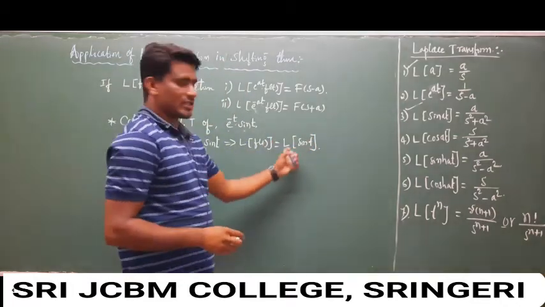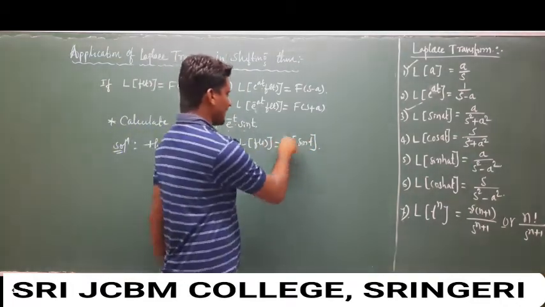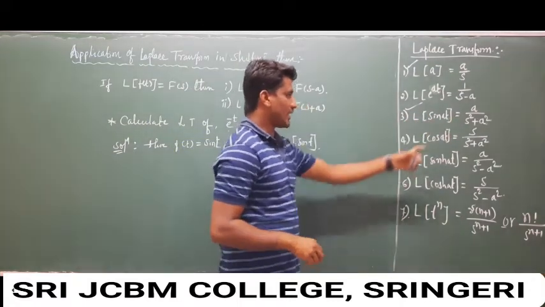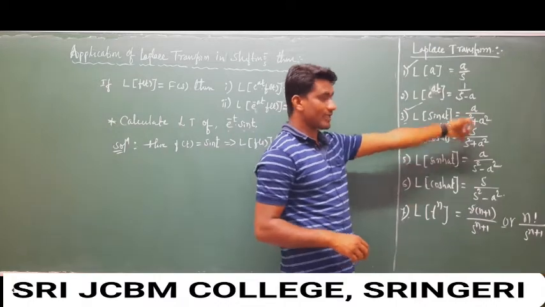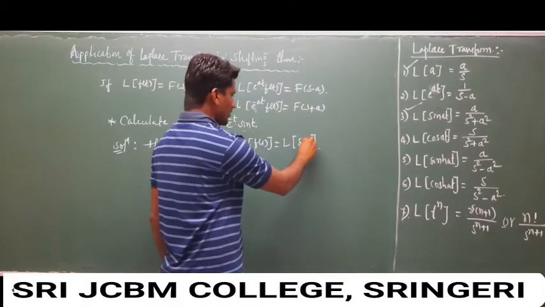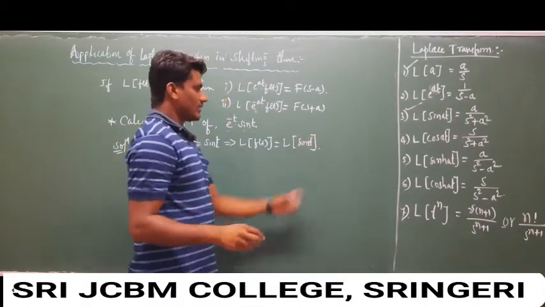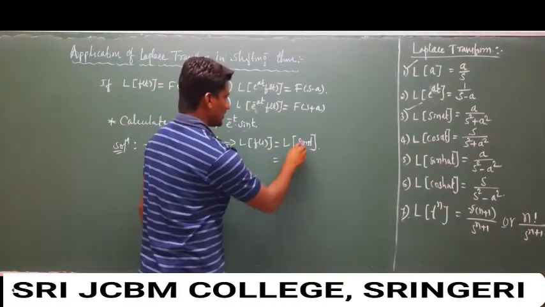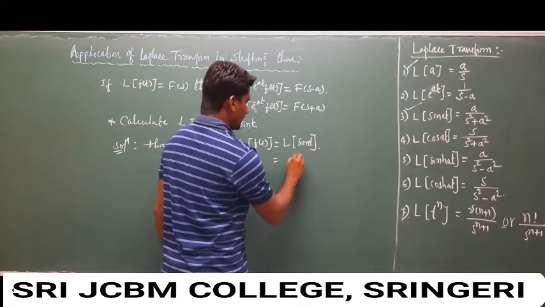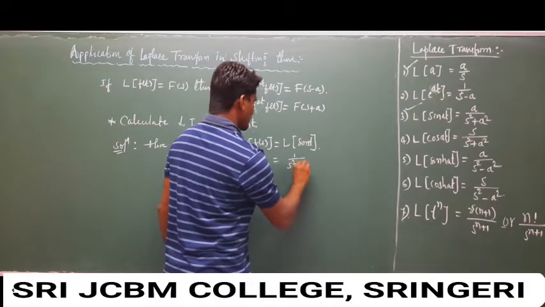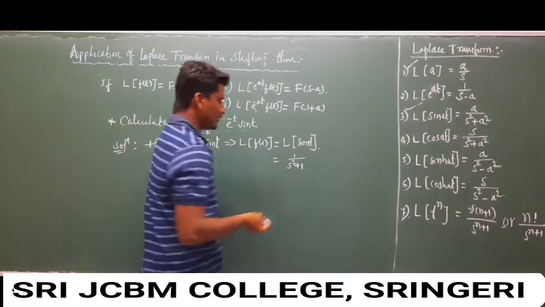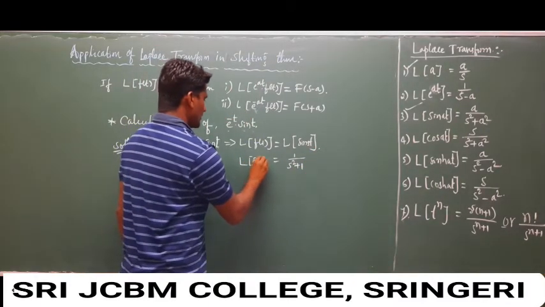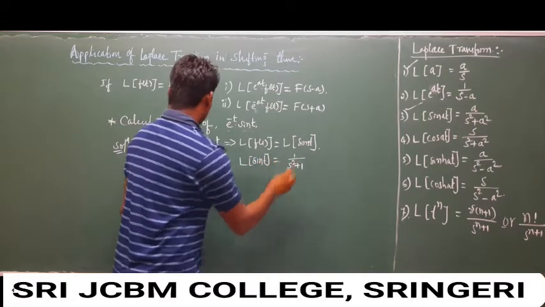We have already derived the Laplace transform of sin at, so comparing with that, we get a over s square plus a square. Here a is the constant value 1, so substituting 1 for a, we get 1 over s square plus 1 square, which is 1 over s square plus 1, and this is the Laplace transform of sin t.